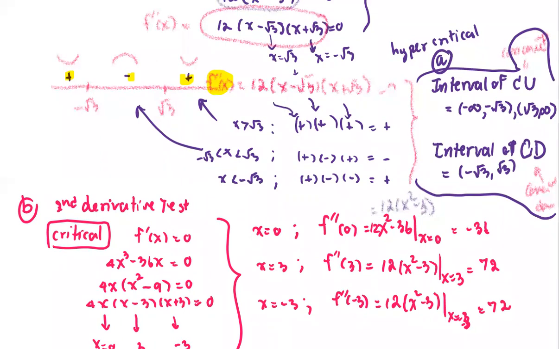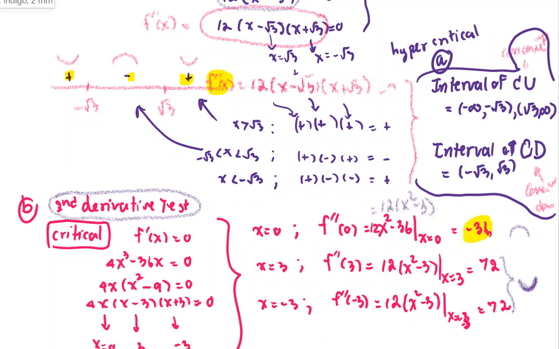For the negative sign of the second derivative, are we happy when we have a negative sign? No, we are not happy. If we are not happy, that means it's gonna be upside down, right? And for the positive sign, we are happy. It opens up like this. So the goal is to use the second derivative test, right?